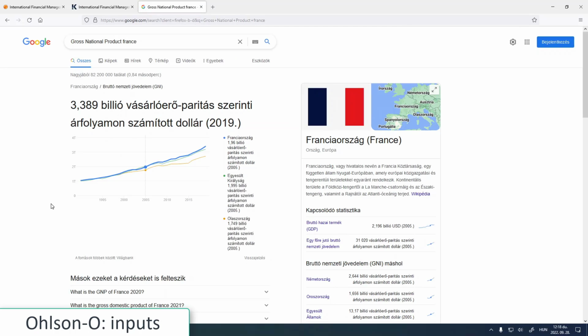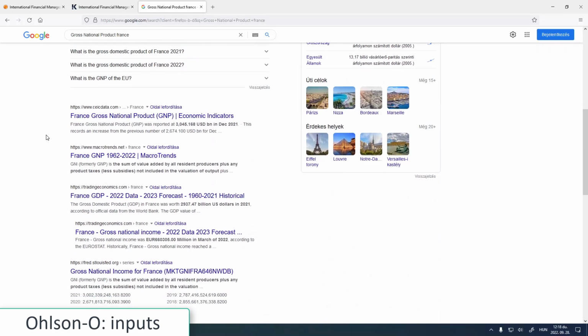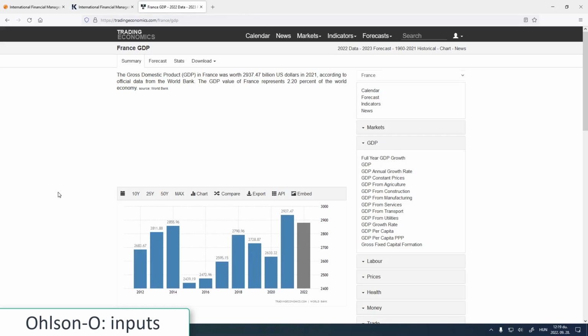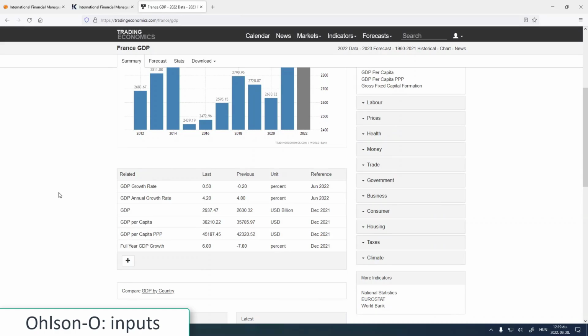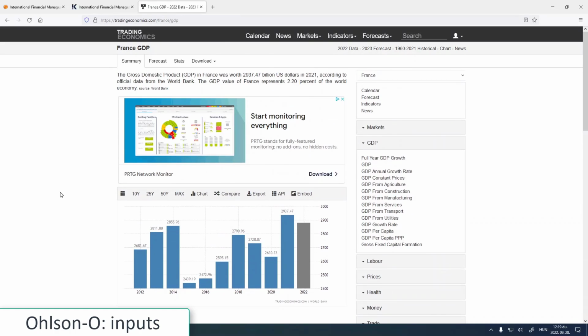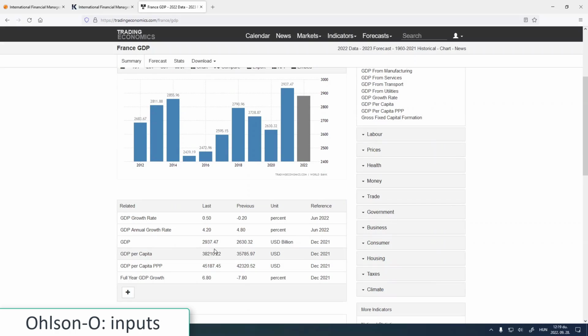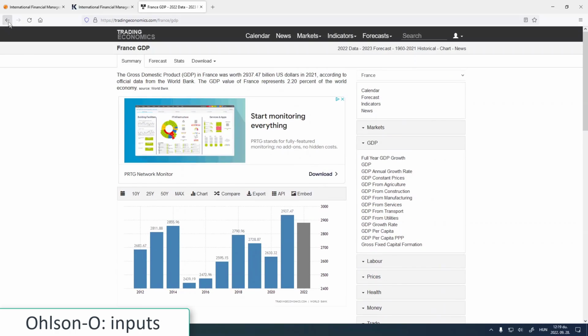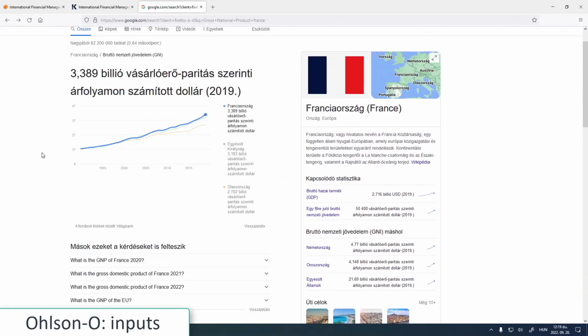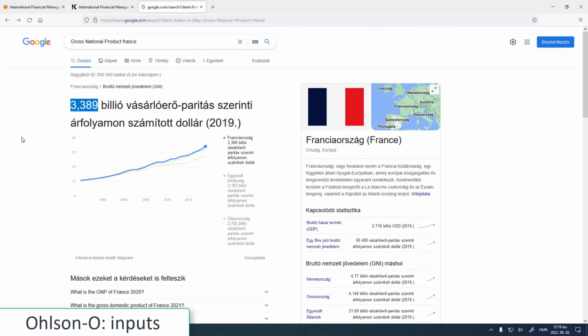Okay, Google is still speaking Hungarian, but it says, oh come on, in dollars, I need it in euros. Trading Economics? Yes, I can do it, I calculated, but oh come on. Whatever. So this is the first data we can find here.